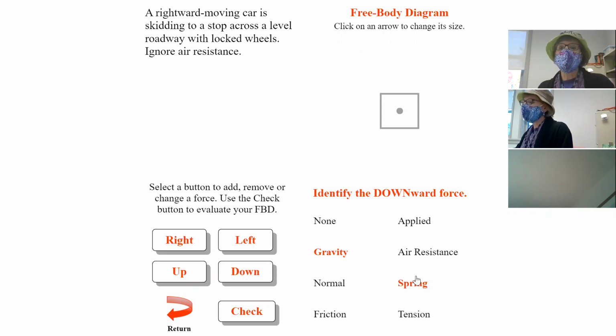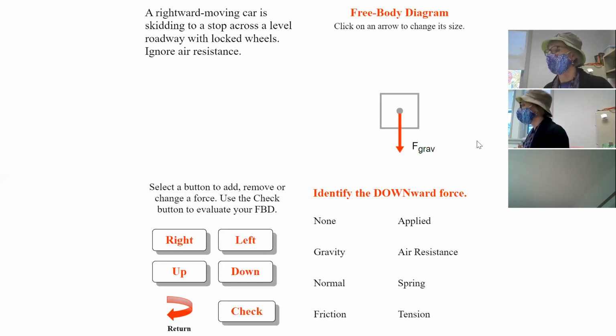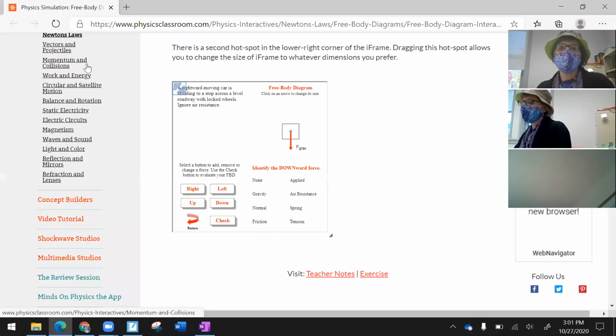And it gives me a choice of forces. So I'm going to choose gravity. Okay, and you can change the magnitude of the force by clicking on it. There's really only 2 choices, but it helps you determine whether something is bigger or smaller. Okay, and you should indicate that. So go ahead and work on that for a couple minutes. And then we'll see if we need to go over any of them.